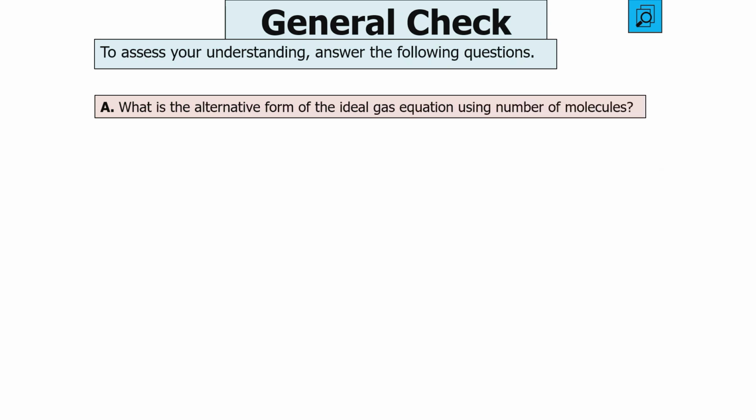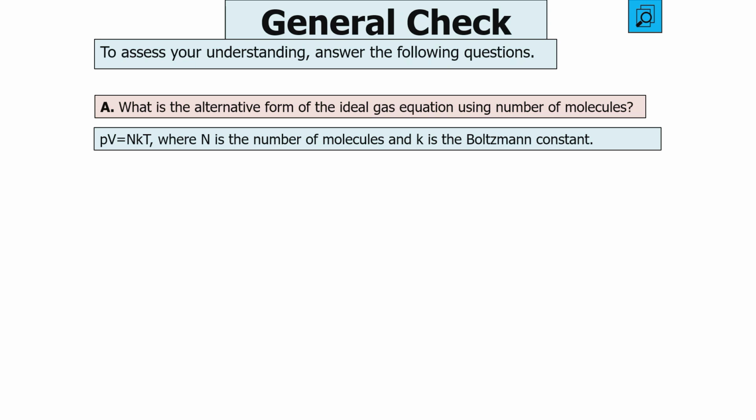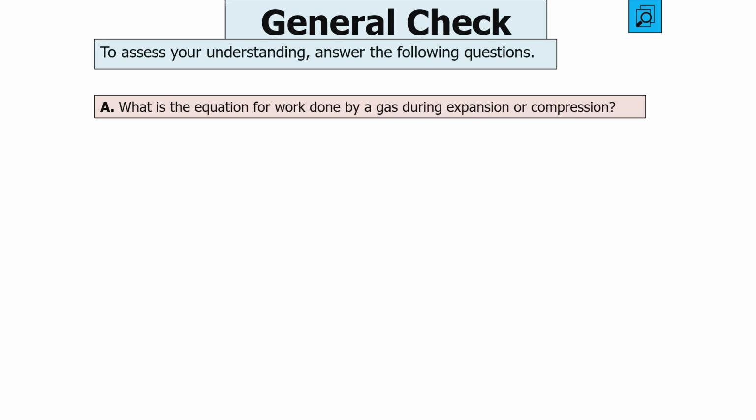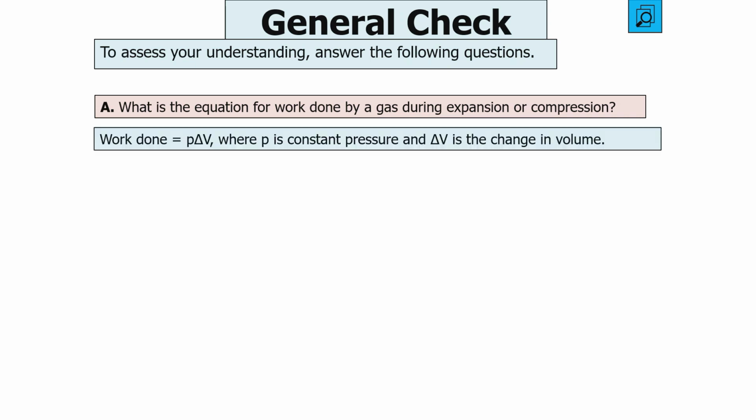What is the alternate form of the ideal gas equation using number of molecules? Well, PV is equal to NkT, where N is the number of molecules, k is the Boltzmann constant. What is the equation for work done by a gas during expansion or compression? Work done is equal to P delta V, where P is the constant pressure and delta V is the change in volume.